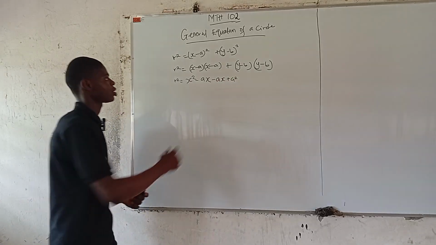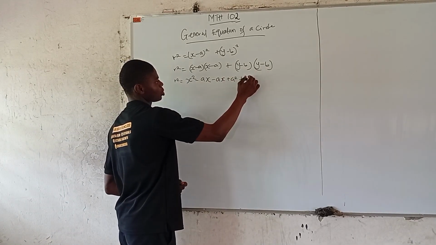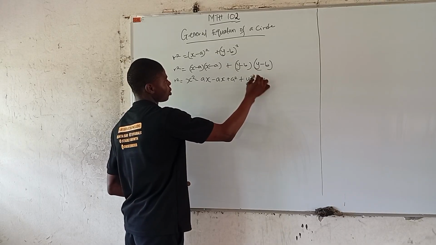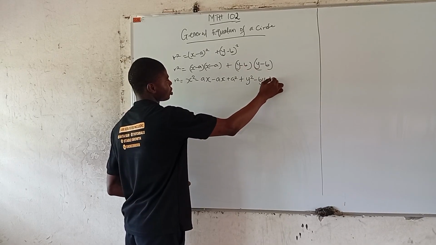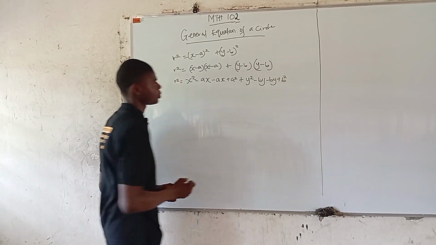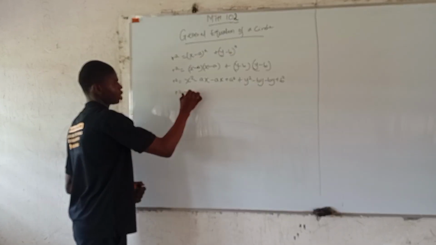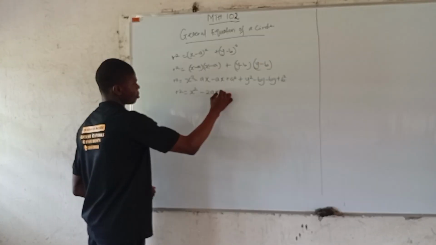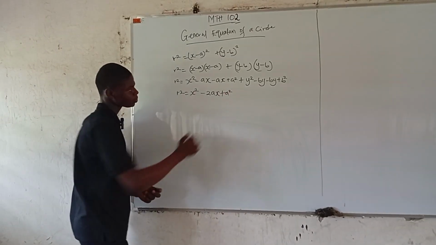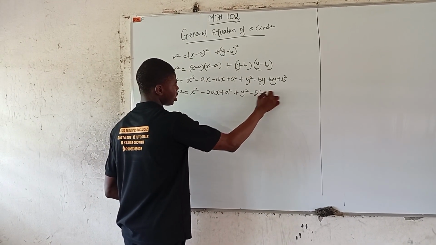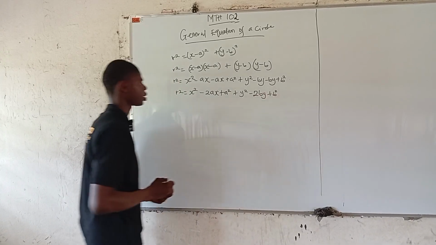Plus y times y is y squared, y times b is minus by, minus by, then plus b squared. So let's quickly wrap this up. You have x squared minus 2ax plus a squared, plus y squared minus 2by plus b squared.